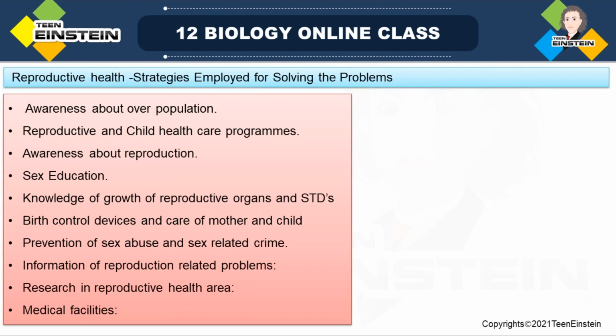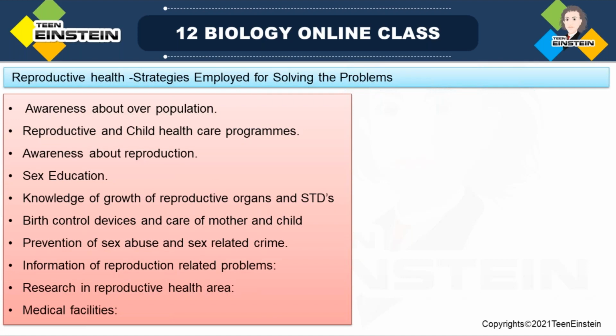All these are necessary to provide medical help and care for reproductive problems, like menstrual problems, menstrual irregularities, infertility, pregnancy, delivery, contraception, sexually transmitted diseases, and abortions.